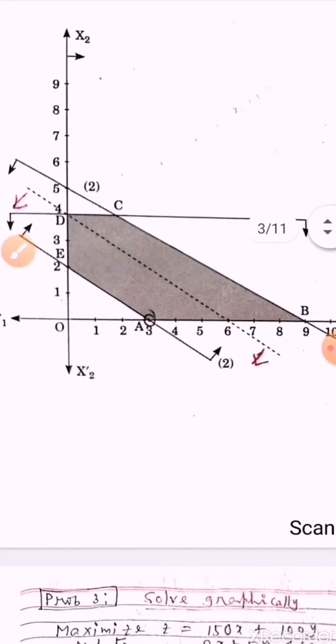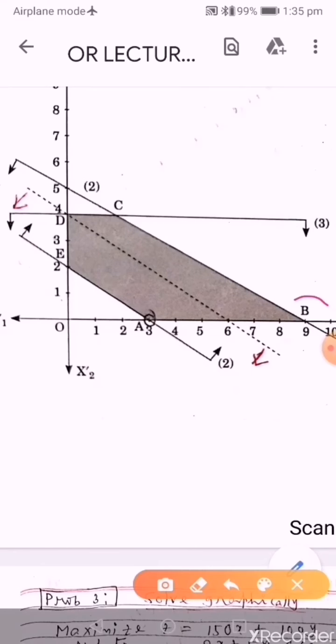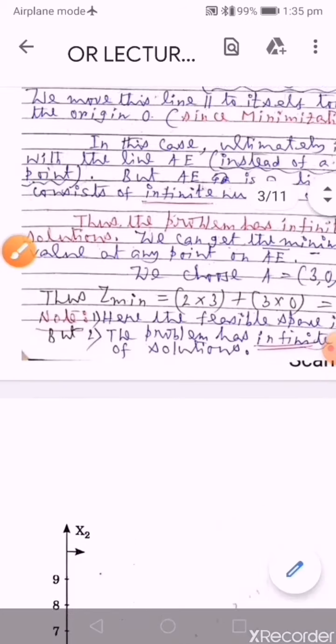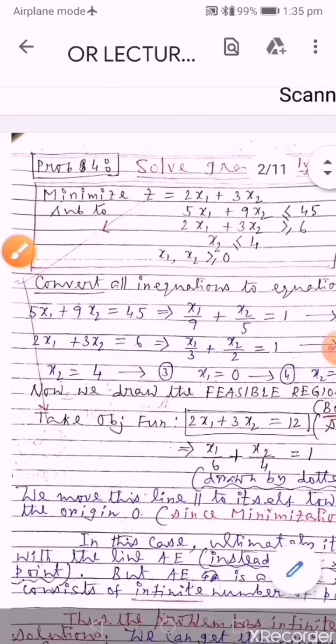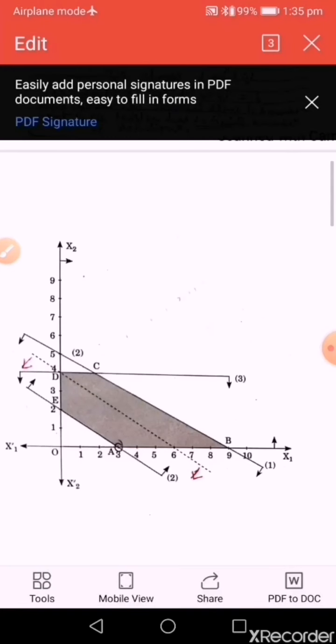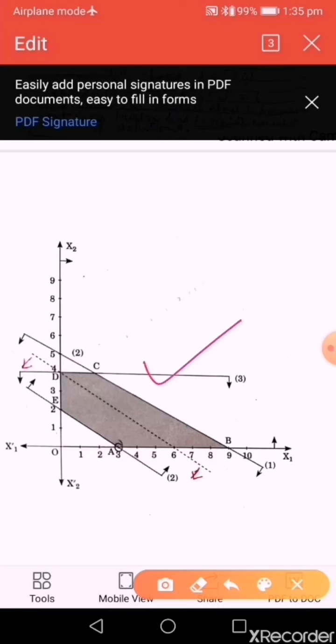As can be seen here, this is 9,0, this is 0,5. And for the second one, this is 3,0, this is 0,2. And there is another inequation, x2 less than or equal to 4, as it is seen that this is x2 is equal to 4.